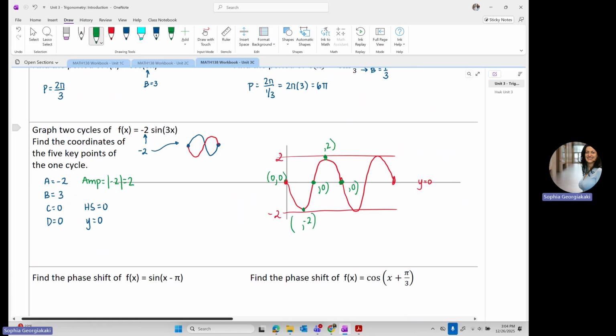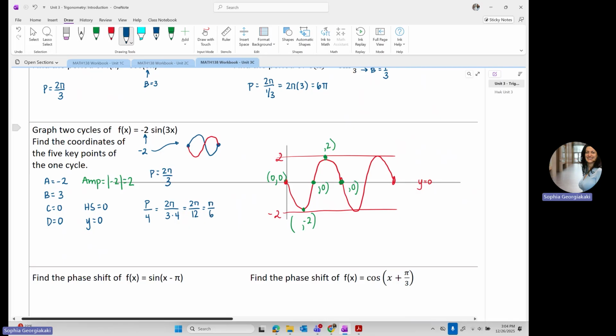And what I don't know is the x coordinates. The x coordinates depend on the period. Now the period is 2 pi divided by 3, and I need to split that into 4 pieces. So I need the period divided by 4, which is 2 pi divided by 3 times 4 in the denominator. So this is 2 pi 12ths, or pi 6.